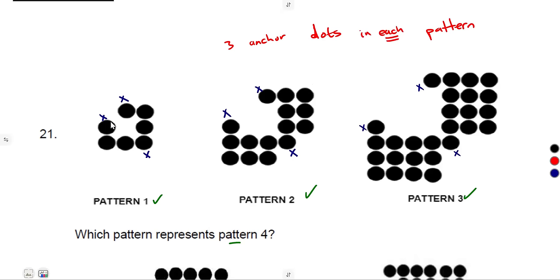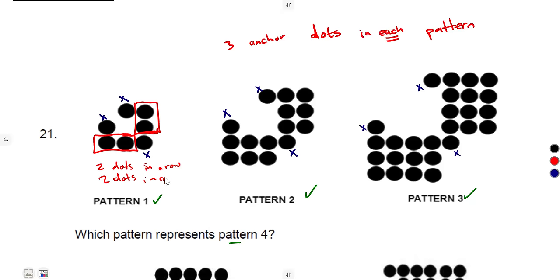So if we get rid of the anchor dots, we can see there is something remaining here as a row and as a column. 2 dots in pattern 1. In pattern 1, we have 2 dots in a row, and 2 in what?